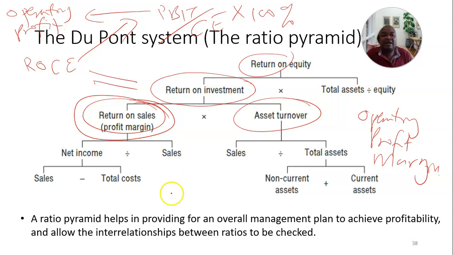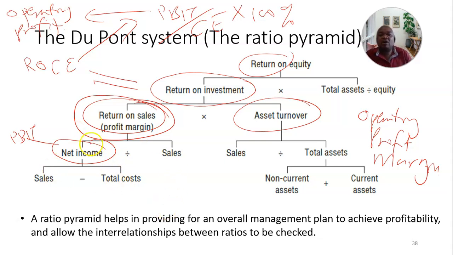All right, although the terminology is not that clear. However, I wanted you to understand that you just have to assume. However, the real figures you need to pick should be from the profit before interest and tax, because that's the net income we are talking about, not the net profit.